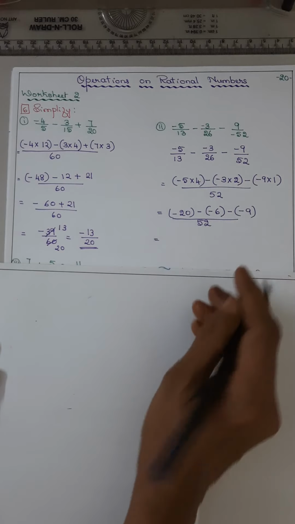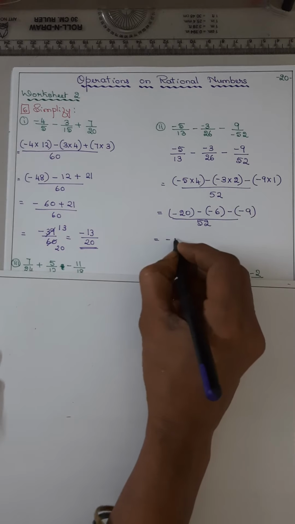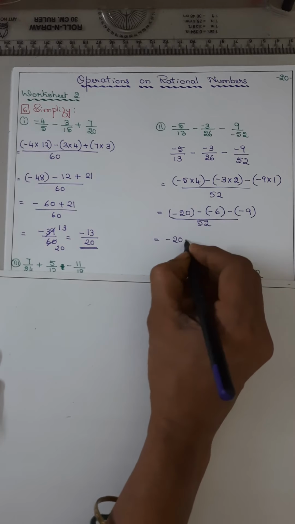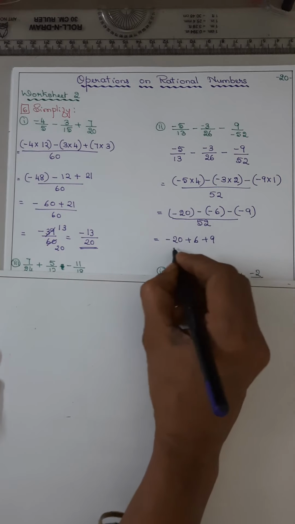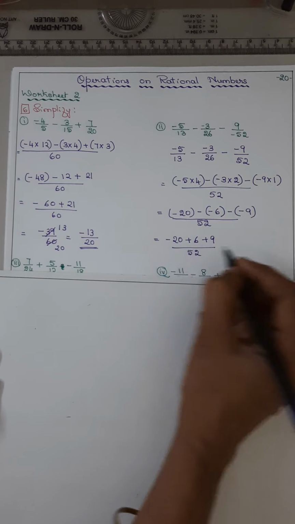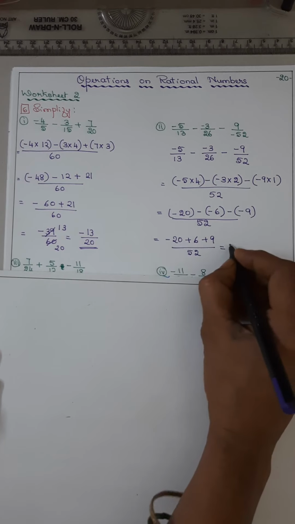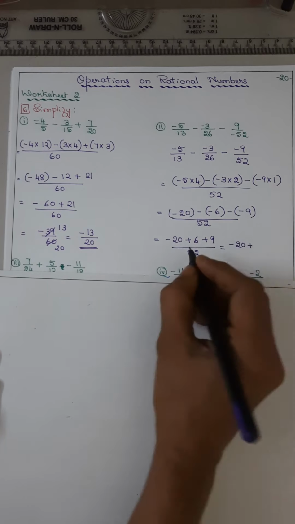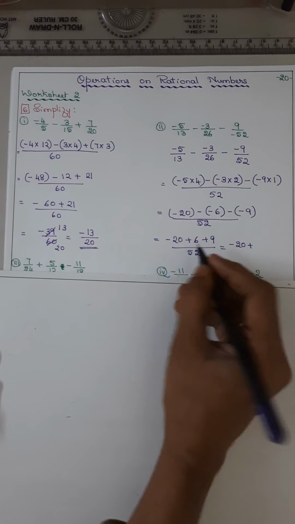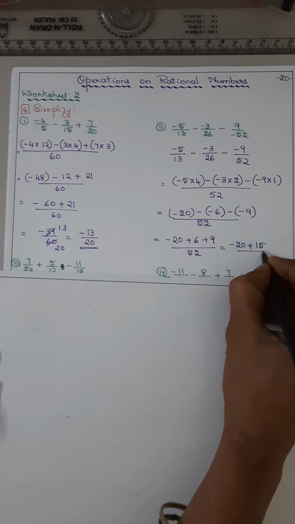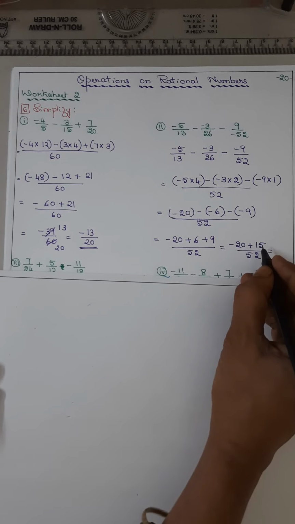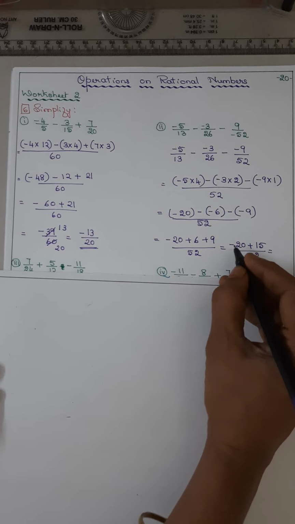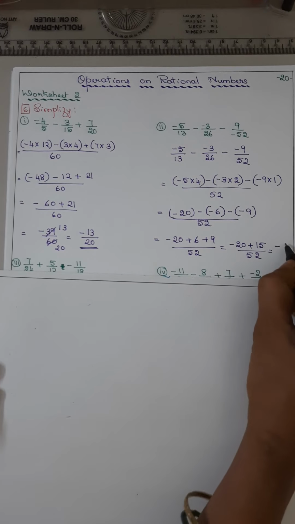So now it will be minus 20 plus 6 plus 9 upon 52. That means minus 20 plus 6 plus 9, 9, 10, 15 upon 52. Now different signs, subtract, 20 is bigger, minus sign, minus 5 by 52.